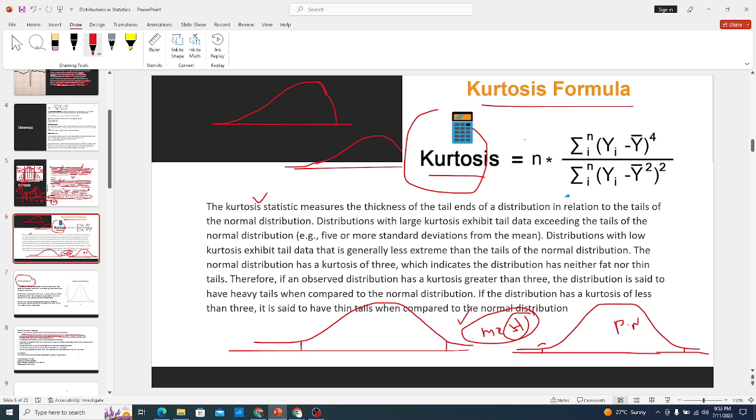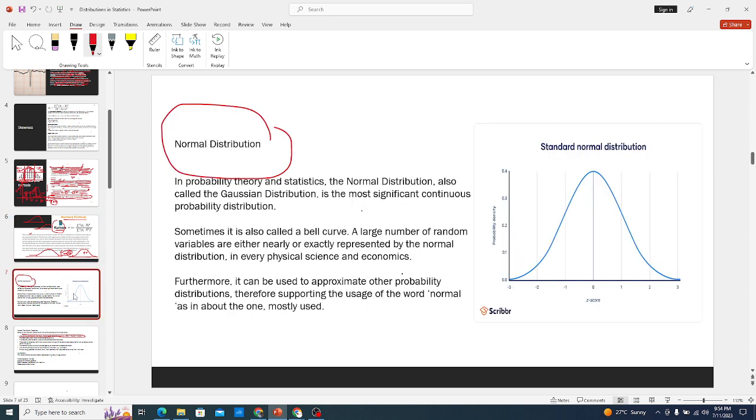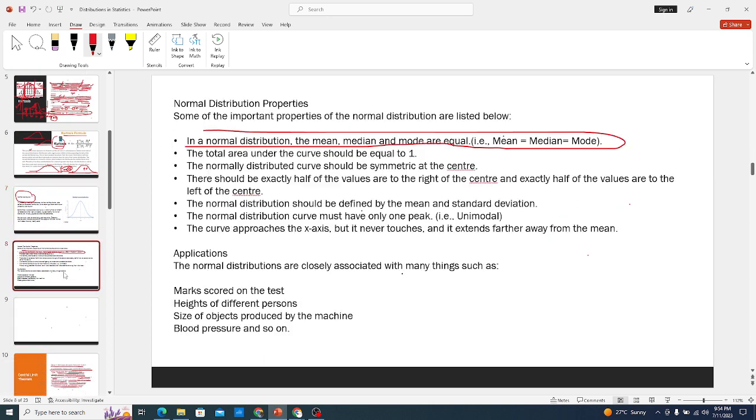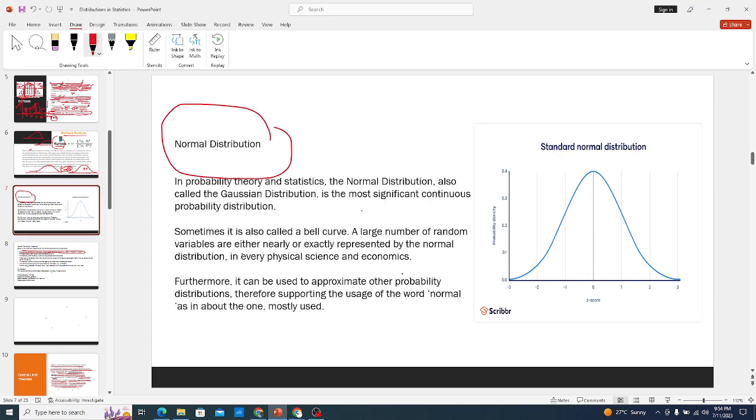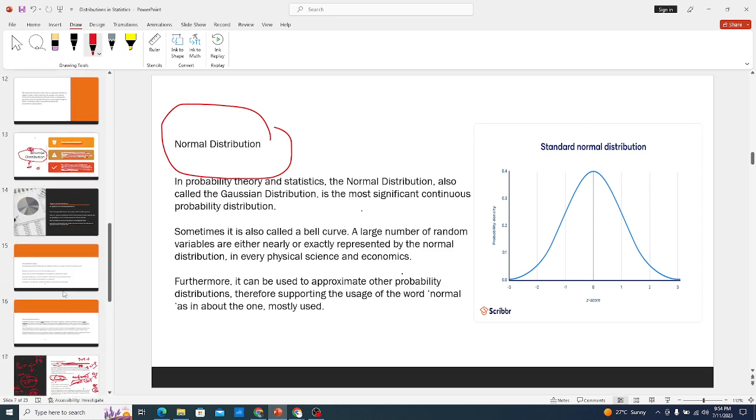Remember, these are some of the factors that determine the shape of a distribution. So we shall discuss kurtosis tomorrow, and then we'll also get the opportunity to start with our first distribution.